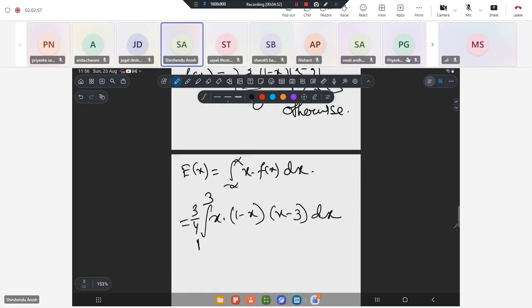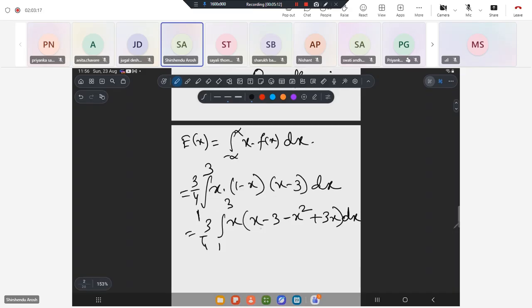Let's multiply all this. It will be 4x minus x square minus 3 dx, right?